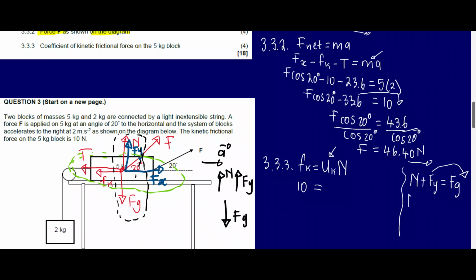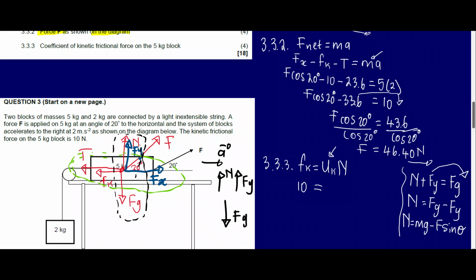If you allow me to transpose that side, you would see that the normal force is going to be equal to the gravitational force minus Fy. So what is the gravitational force here? It's mg, minus Fy. Remember, Fy was F sine theta, from those components.